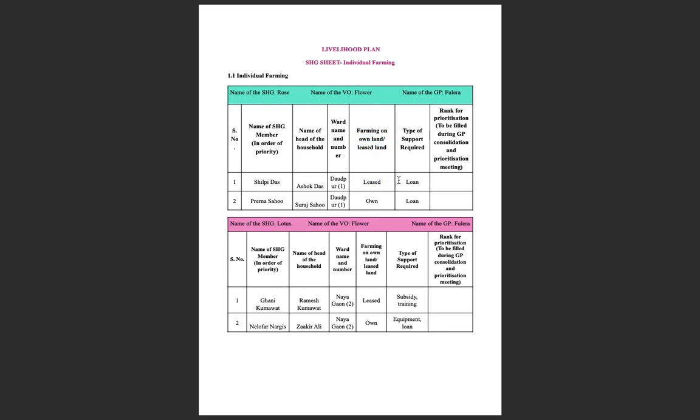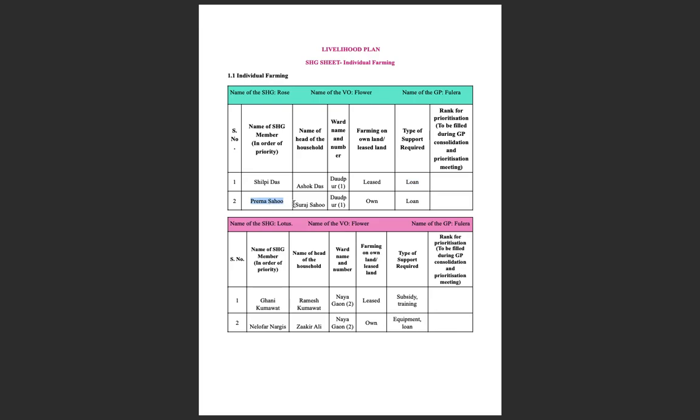Now for farming, Shilpi Das might not have a lot of money to invest. So here we have to write the type of support that Shilpi Das needs to start farming as a livelihood. So the example here being loan. In a similar way, here Prerna Sahu also wants to take up individual farming from Rose SHG.